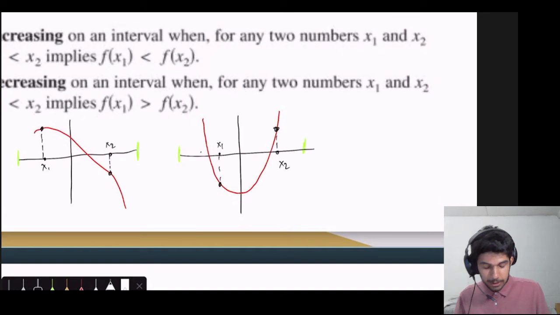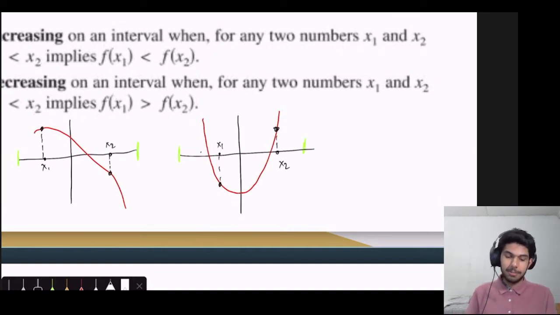So now the function evaluated at x1 is less than the function evaluated at x2. So that would tell us that it's increasing. But we just said it was decreasing. And so a function can't be both increasing and decreasing. Well, actually it can be, but we can't strictly call that function either increasing or decreasing on the interval. And this should be pretty self-explanatory because by the looks of it, it's not.